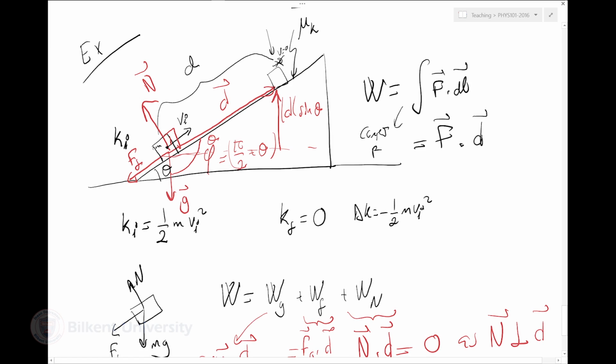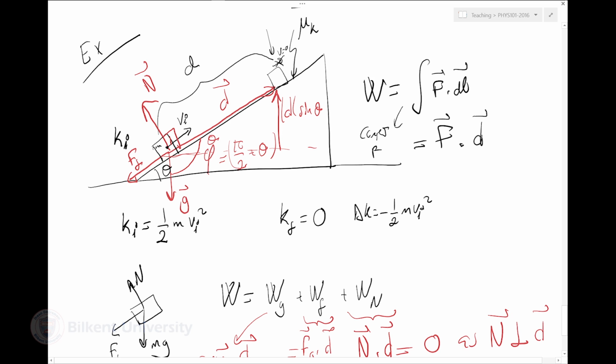Good. So what was my delta K? Delta K was minus 1/2 m v initial square. That's going to be minus mg sine theta minus F friction times d. But this is kinetic friction, so can you tell me what's the magnitude of F friction?